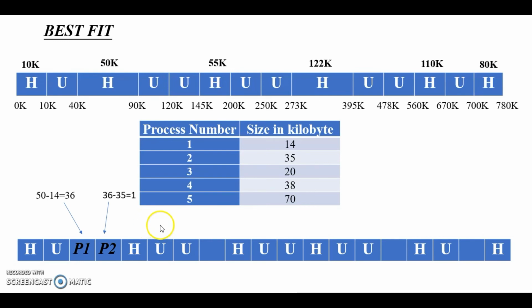So we will do the same steps for processes 3, 4, and 5. The remaining hash needs to be written down.